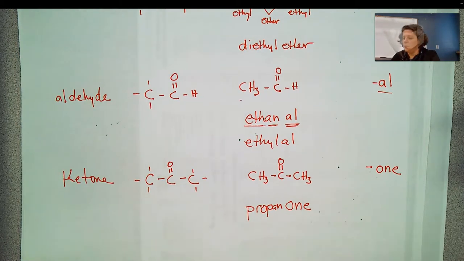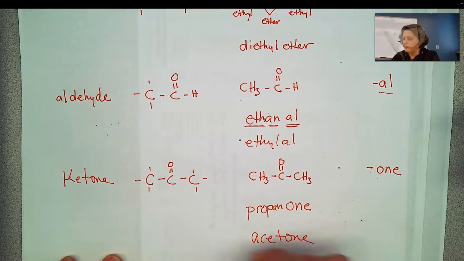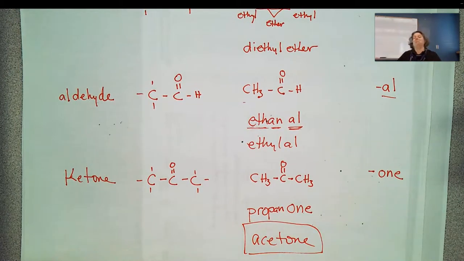Now, we don't use this word usually because this is a really hard word to say. So what we usually refer to this as is acetone. Why? Who knows? Probably they figured out acetone before we had all this, like, this is called the IUPAC.